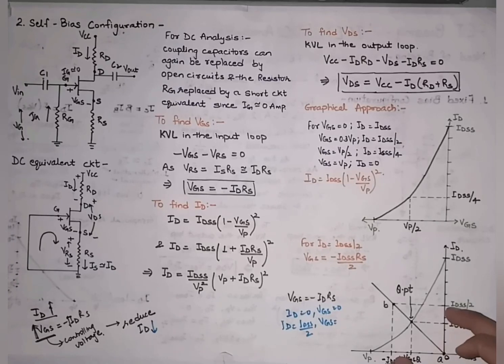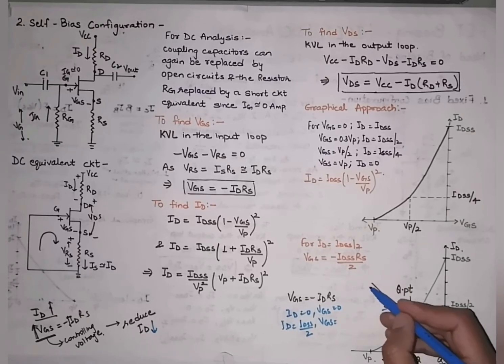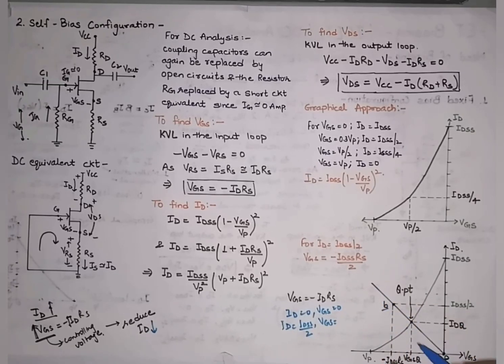Let us assume this point is A and this point is B. We will draw a line intersecting these two points and we will get this brown color line, and this line will intersect this curve, and that point is called the Q point. So by using this we can obtain the value of the Q point using our graphical approach. So this is all about the fixed bias and the self bias configuration in the case of junction field effect transistors. Thank you very much.